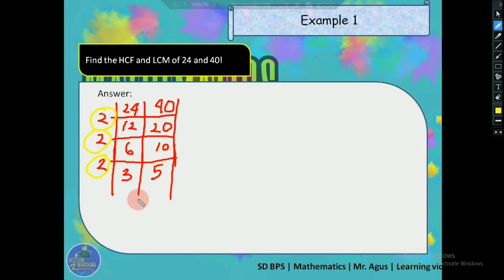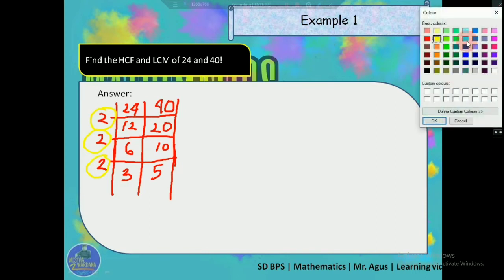After this, you get the remainders 3 and 5. 3 and 5 are prime numbers, so there is no need to divide both of them again. So you can go directly to find the answer, and the answer will be like this.